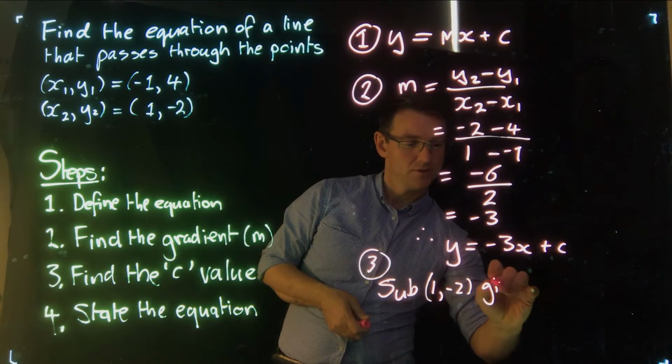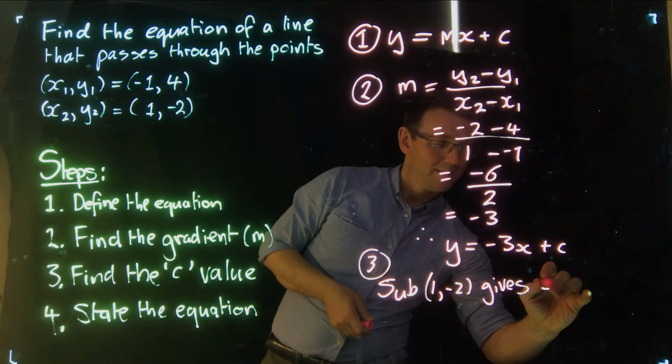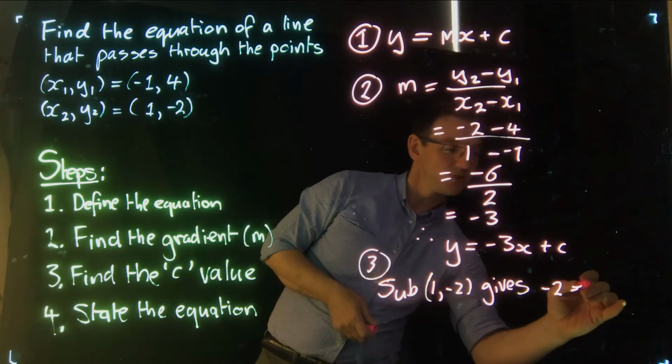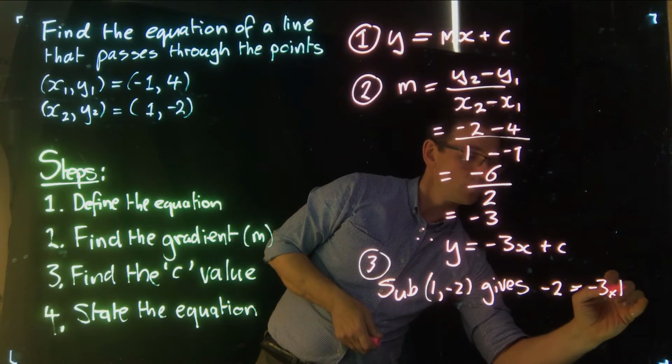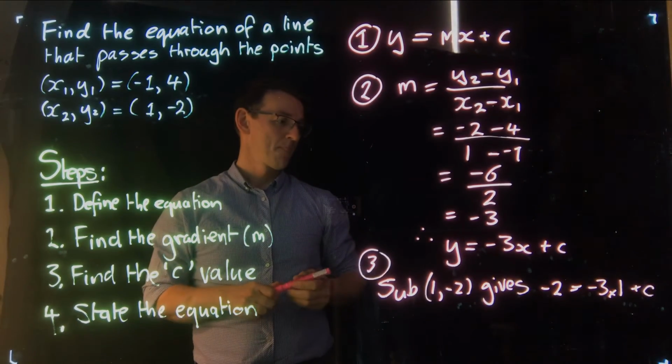Which one's the y? -2, so -2 equals, we've got a 1, so -3 times 1, and we don't know the c yet, plus c.